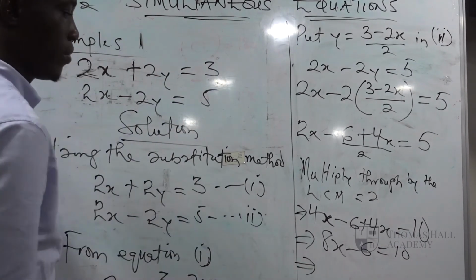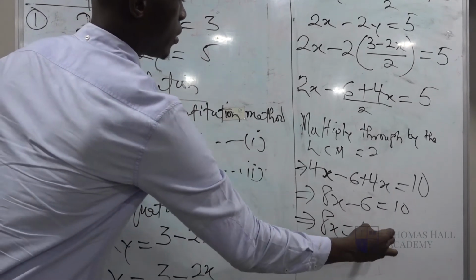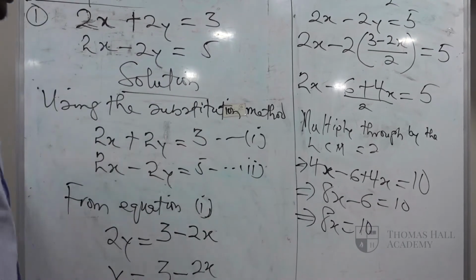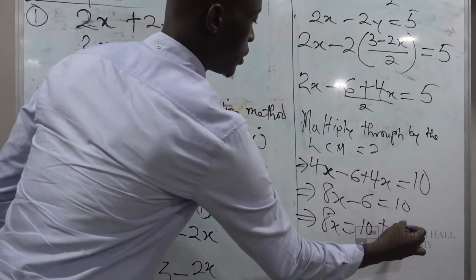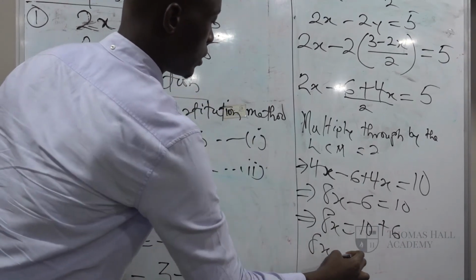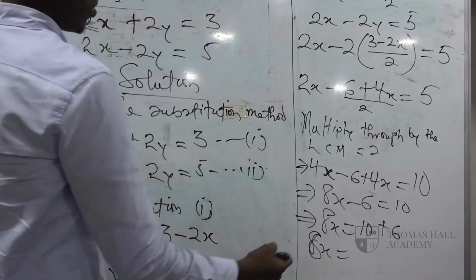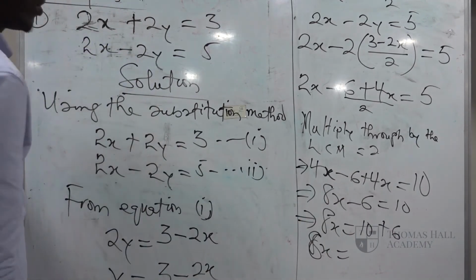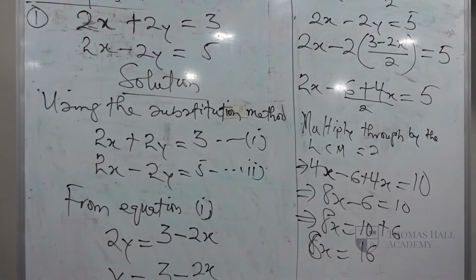Then we have 8x equals 10. Minus 6 crosses the equality sign, it becomes plus 6. So 8x equals 10 plus 6, which is 16.